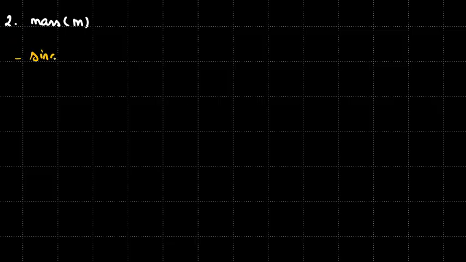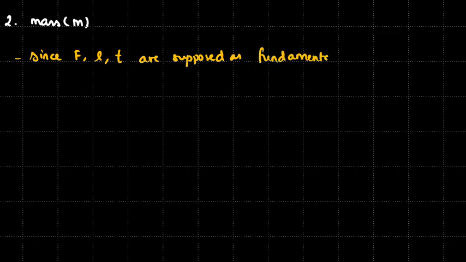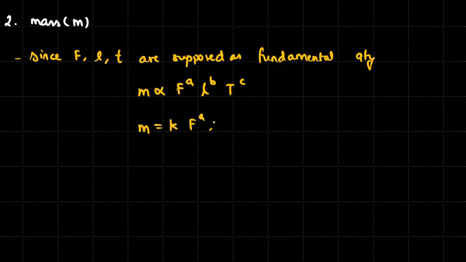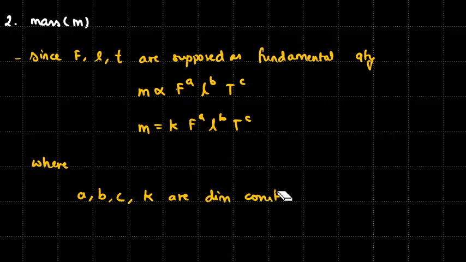Since force, length and time are supposed to be fundamental quantities, we can say that mass is directly proportional to F to the power a, L to the power b and T to the power c, which means m equals k F^a L^b T^c, where a, b, c and k are dimensionless constants.